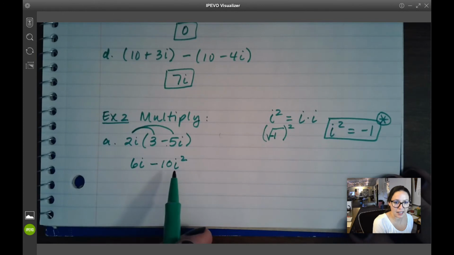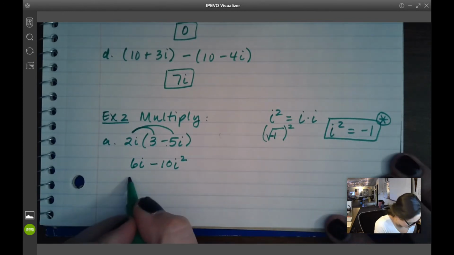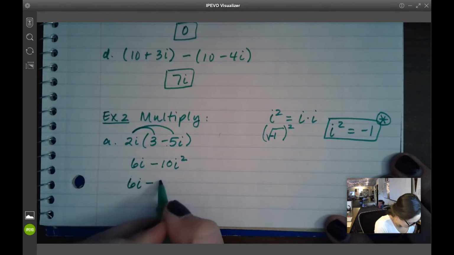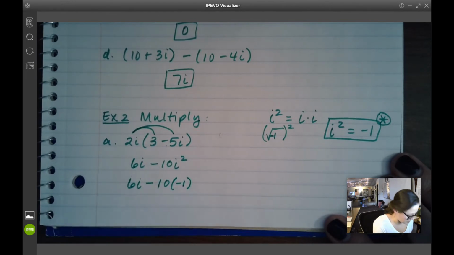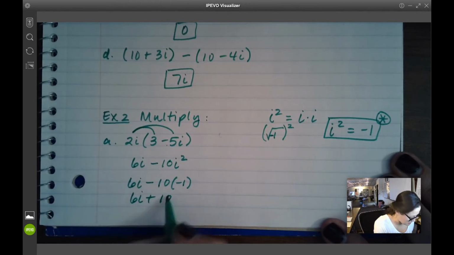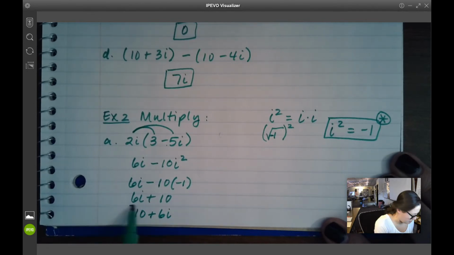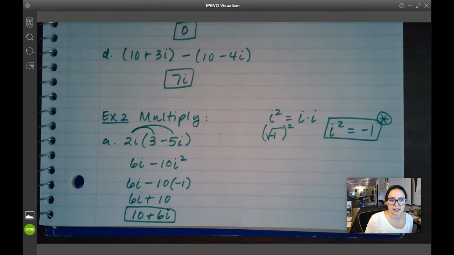And we just were saying i squared equals negative 1. So we have 6i minus 10 times negative 1, which is 6i plus 10. Now, the last thing that I would recommend is that you write it in the proper order of the real number first, then the imaginary number. So our answer is 10 plus 6i.